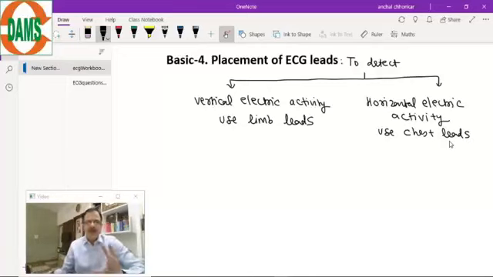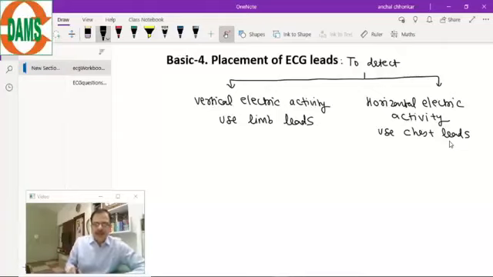So this is basic number 4, the placement of the ECG leads. Now you can recall yesterday's basic number 3. Now apply that galvanometer principle to the placement of the ECG leads. This is the first section we have just started, basic number 4, placement of the ECG leads.